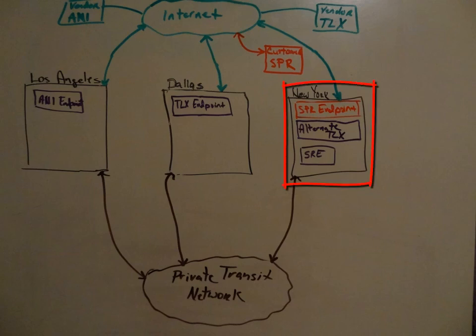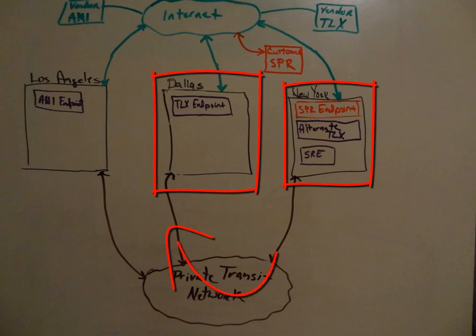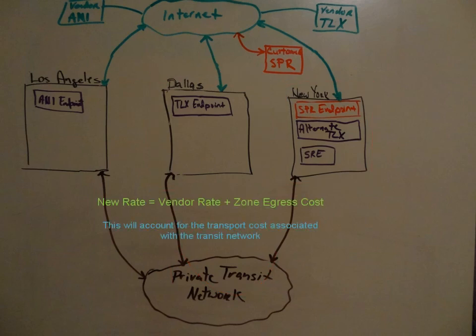Essentially what that means is if I want to route a call from the New York routing zone to an endpoint that I know is in the Dallas routing zone, I know that I'm going to have to traverse my private transit network. Therefore, I'm going to incur the cost associated with transiting that network, and that's the cost that should be captured in the zone egress cost.